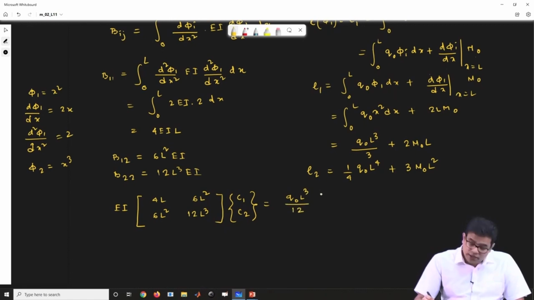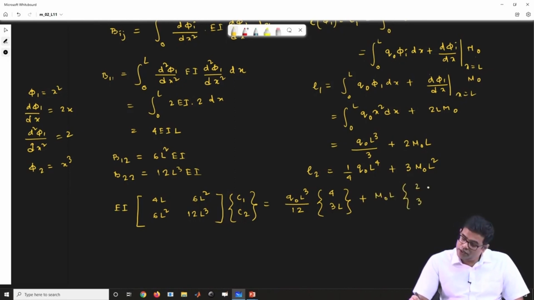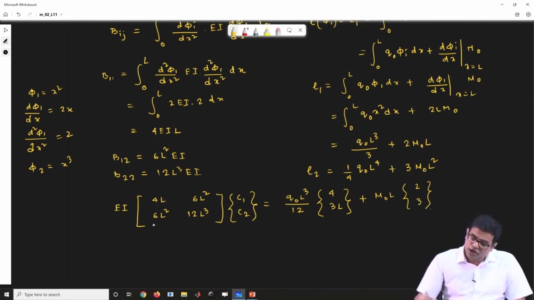If I take common, then this is 4 and 3L, plus there will be an M0 term, so M0 L, 2 and 3, right? So this equation we can solve to find out C1 and C2.